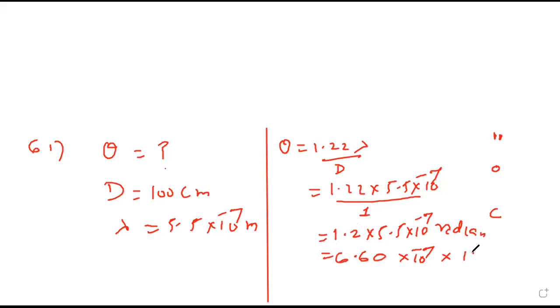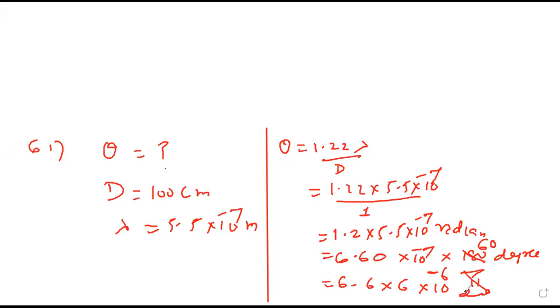That is nothing but times 180 upon pi in degree. So pi roughly you can cancel as 3 into 60. So it is 6.6 into 6 into 10 raised to minus 6 in degree.